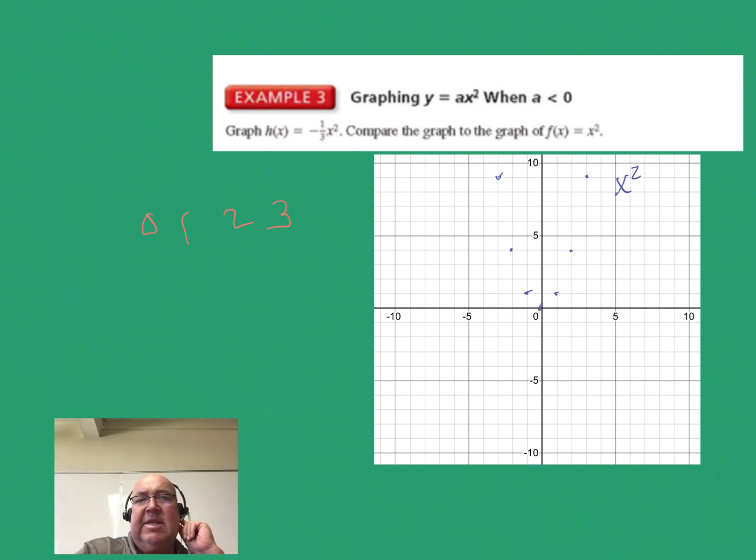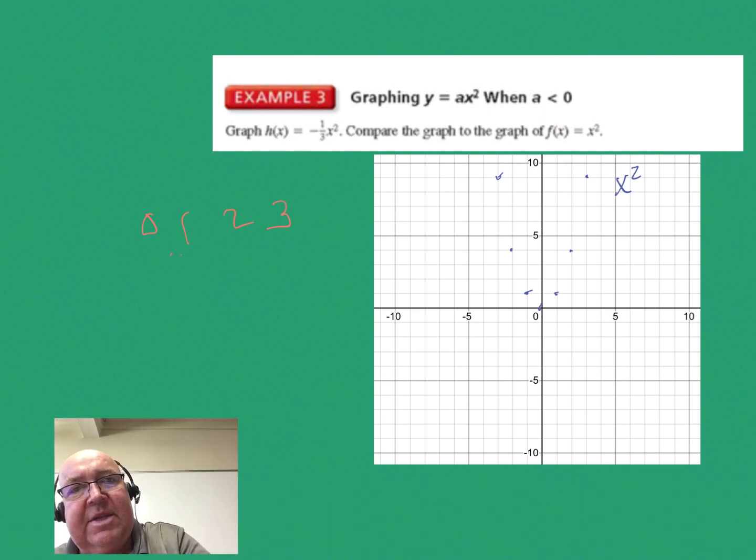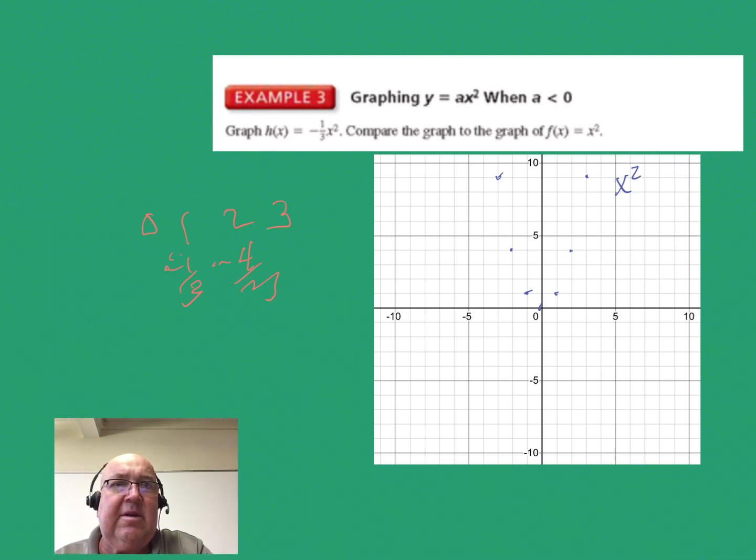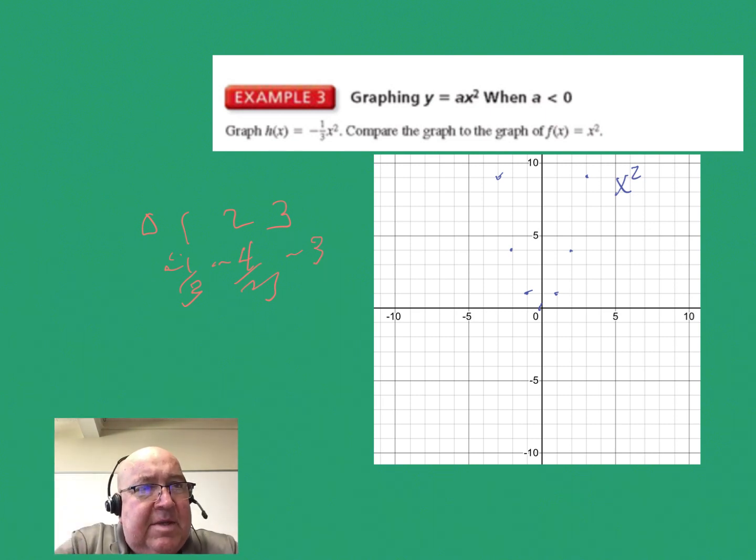We know that this is going to go reverse. So this is going to be negative 1/3, this is going to be negative 4/3, this is going to be negative 3. So now we can graph, and I'm just going to use the 3 and negative 3. And we're going to do the same for negative 3 and negative 3. And we can see that we open up quite a bit more with the 1/3.